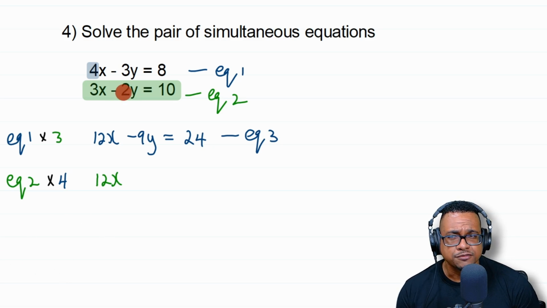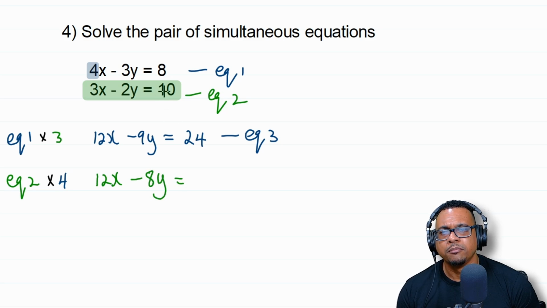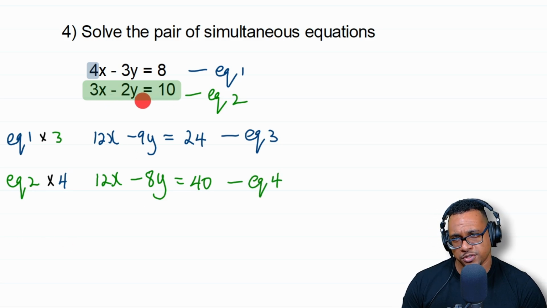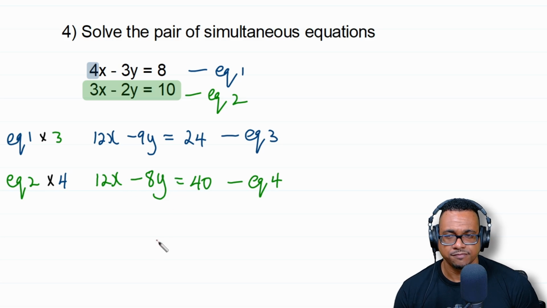We multiply -2y by 4 and get -8y, equal to 10 multiplied by 4, which is 40. Of course, this looks different from all the other equations, so we're going to call that equation 4. But essentially, I used equation 2 to form equation 4.